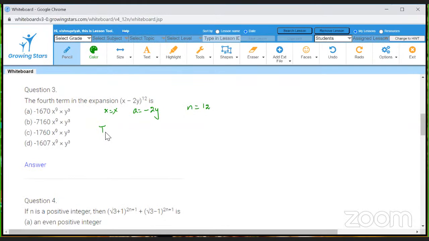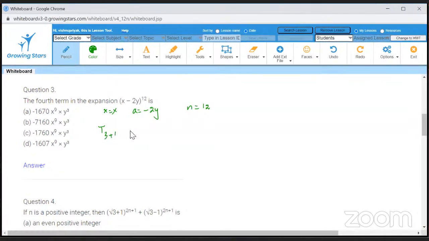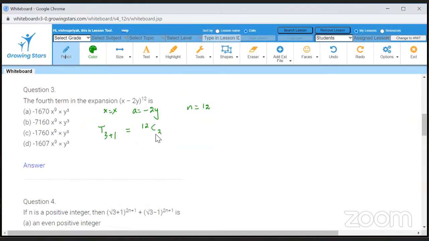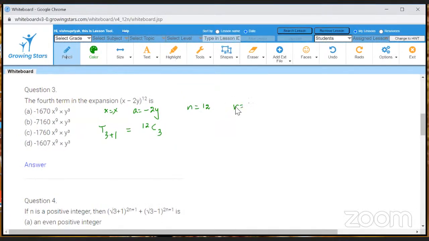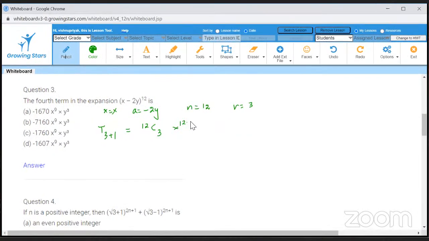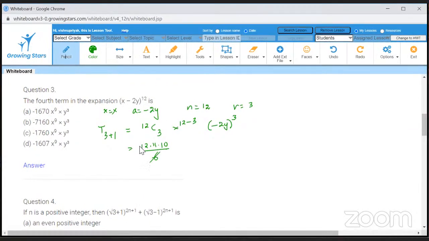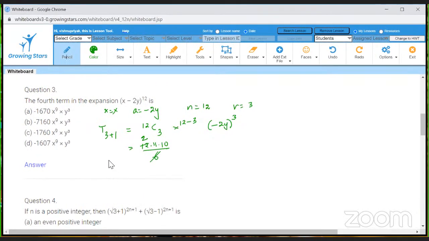Fourth term, that is 3 plus 1, fourth term will be nCr. That means r is 3. Then x power n minus r and a power r. So 12C3 will be, start with 12, take 3 numbers by 3 factorial, 6.